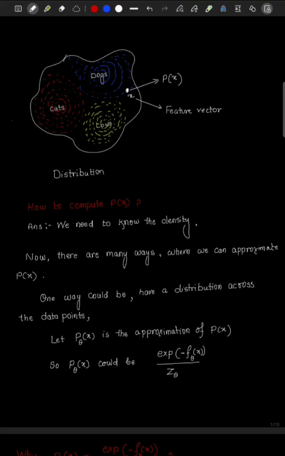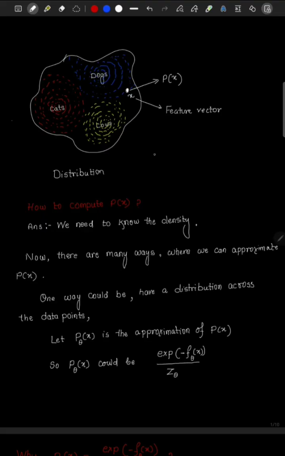Again, that is not easy because we don't know the diverse aspects of these instances. As we don't know the probability density function of the data set, somehow we need to approximate it.